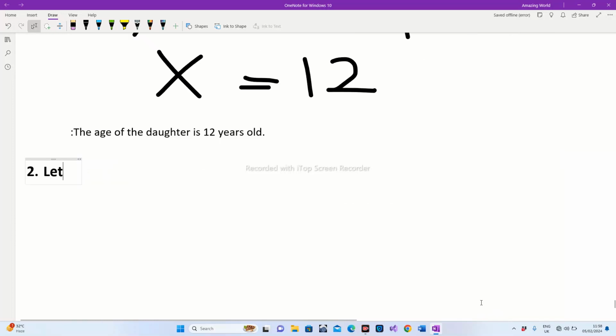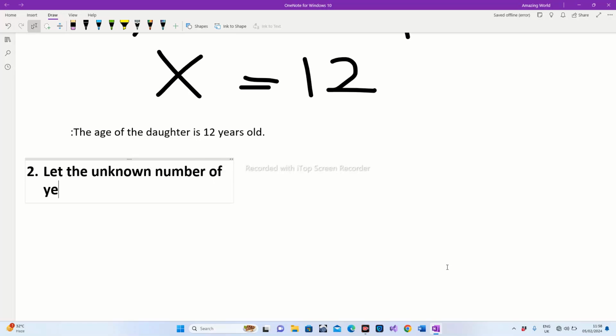So to solve the exercise above, we say let the unknown number of years be x. I hope that is very clear. So we will proceed to solve this now that we have ascertained that the unknown number of years is x.